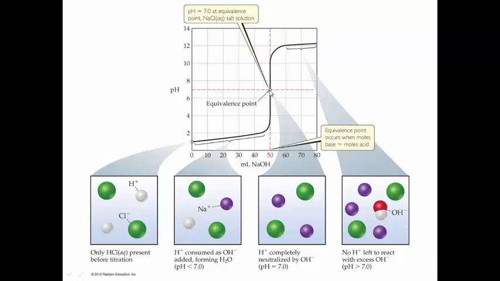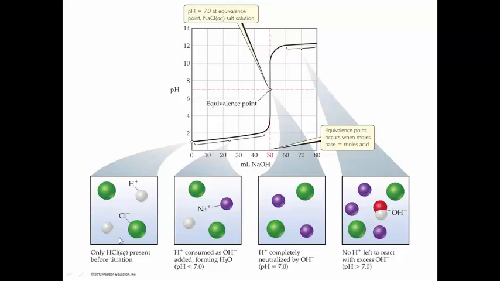And right in the middle of that vertical spot where that drop changed the pH by that drastic amount is the equivalence point. And then after that, as we keep adding and we get to the top of the curve, you see that it levels off again because now there's so much base in there that adding more drop by drop, or small amounts of milliliters by small amounts of milliliters, has almost no effect.